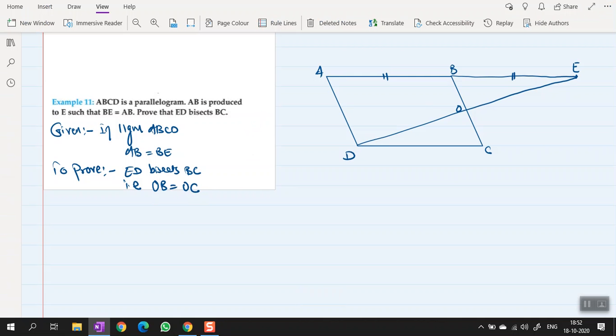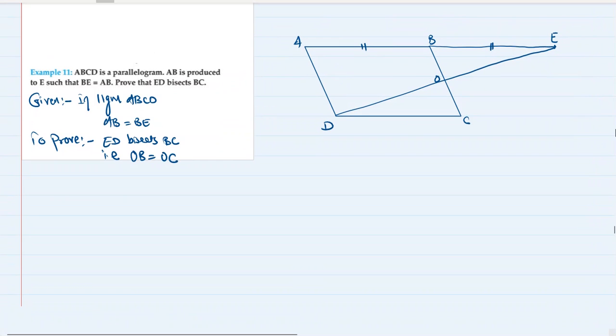In given, we can write one more thing so that there is no confusion: ED intersects BC at O. So we have to prove that ED bisects BC, or OB is equal to OC.